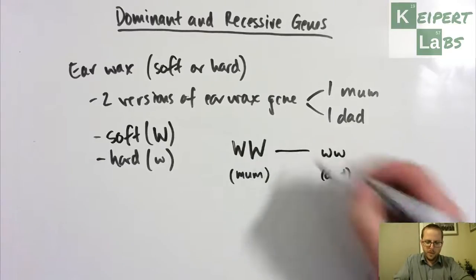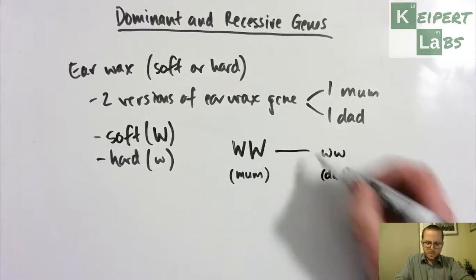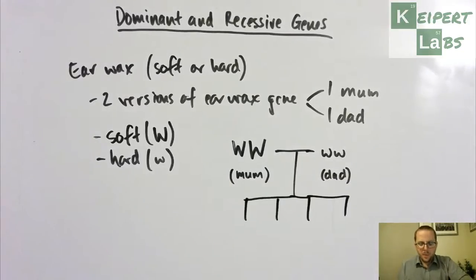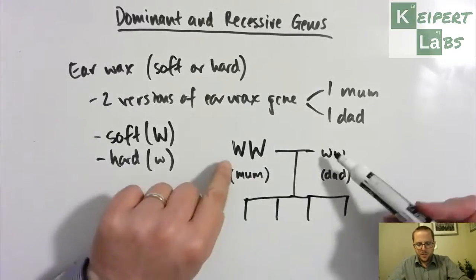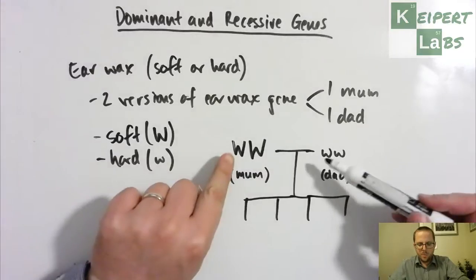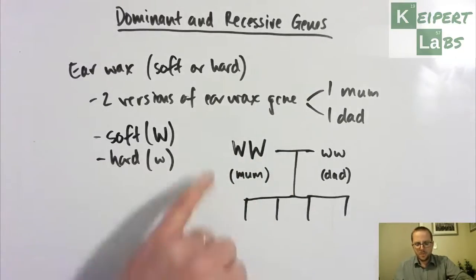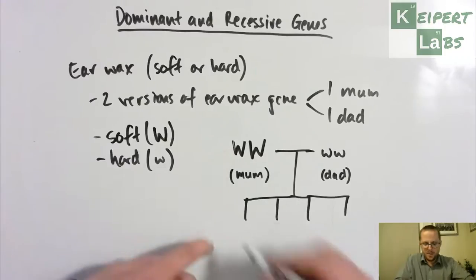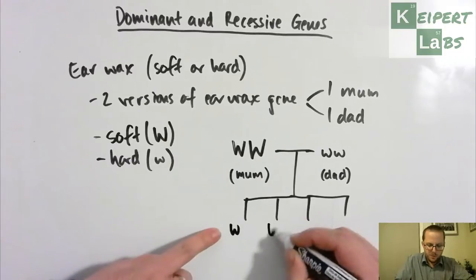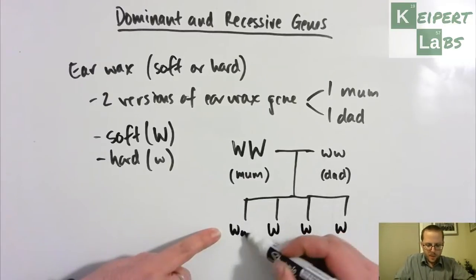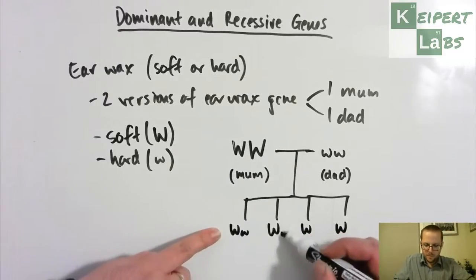Your parents come together to make you, and let's say that you've got some siblings. You're one of 4 children. What we know is that one of each of these genes comes down into every one of their children. So mum is always going to pass on a capital W to everybody, and dad's always going to pass on a lowercase w to everybody.